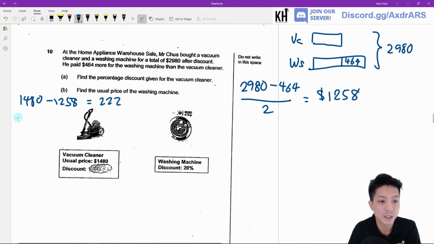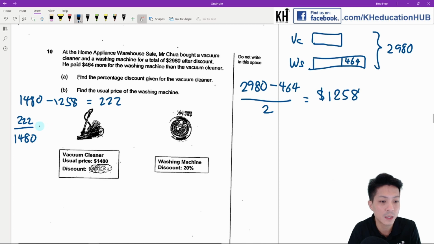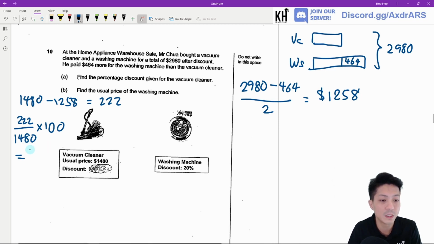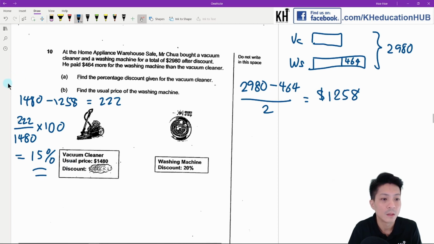So to find the percentage discount, we use the amount discounted over the original price and then multiply by 100. 222 divided by 1480 times 100 is gonna give me 15%. Okay, this is the answer for part A.